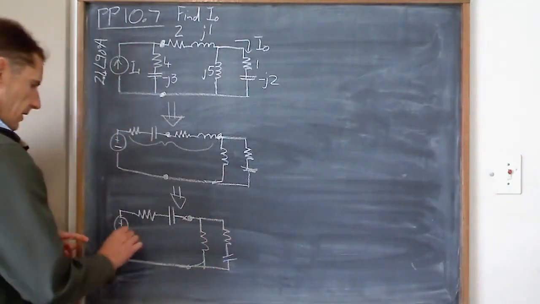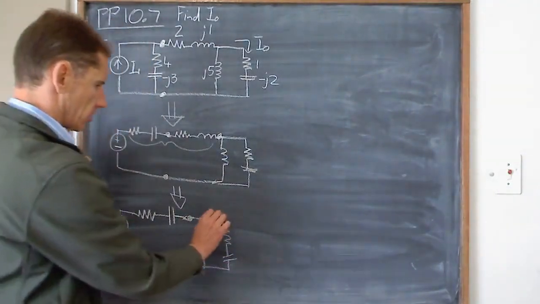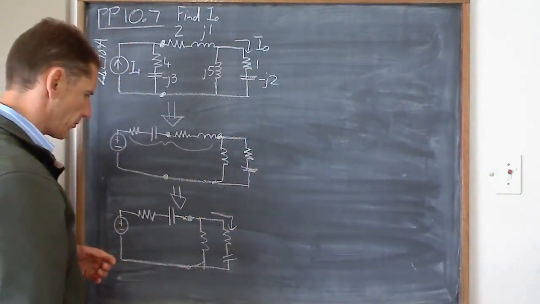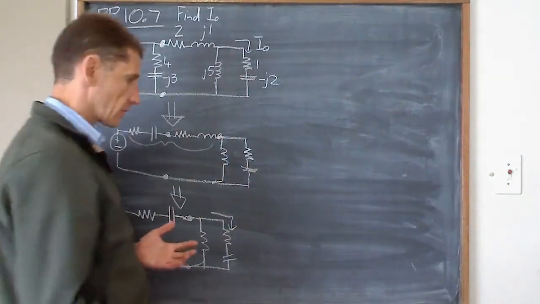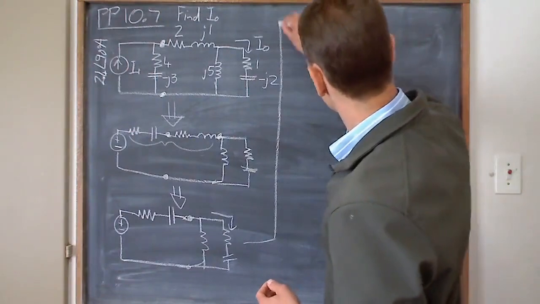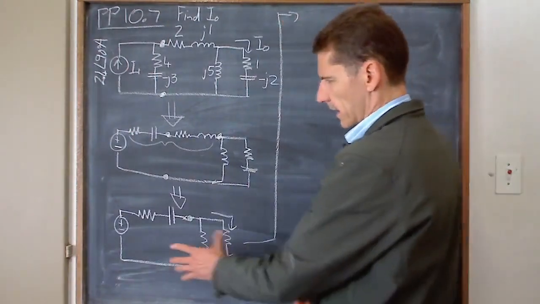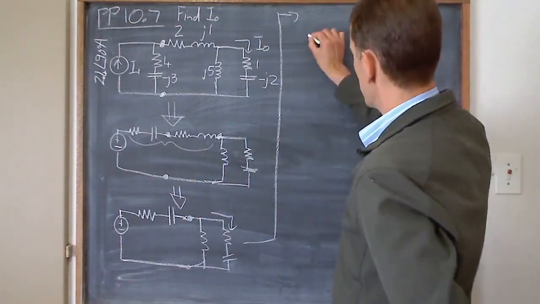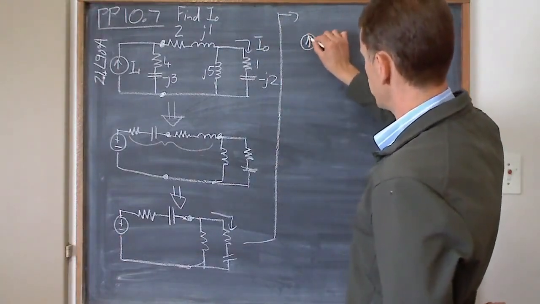But I'm still not there, I want the current in that leg. Can't I go one step further? Again, we're going to take this to the extreme. So let's go from here to there. Let's do another source transformation with those two. I'm going to get a current source pointing upwards.